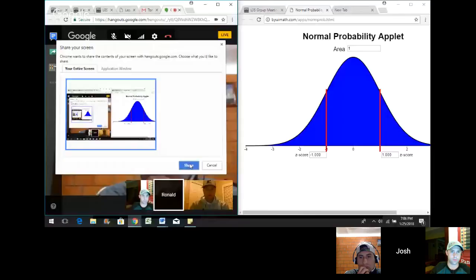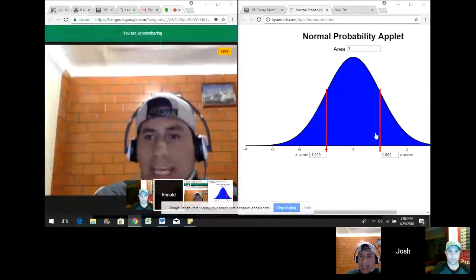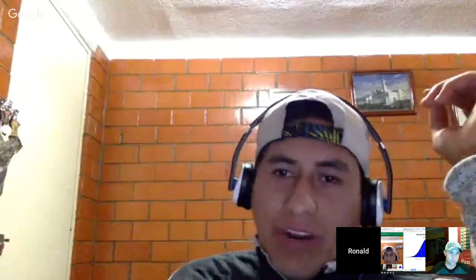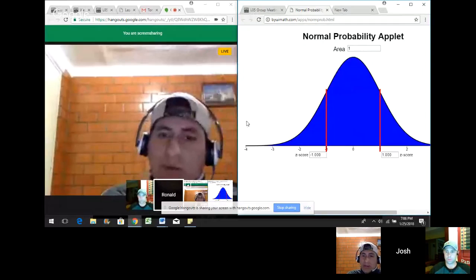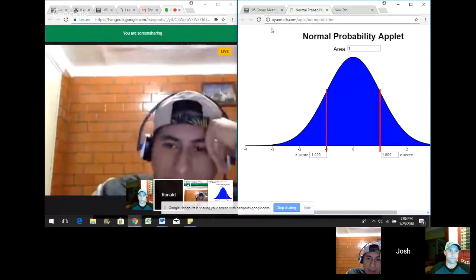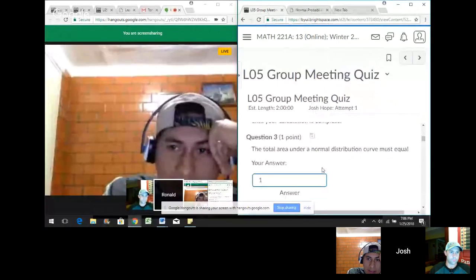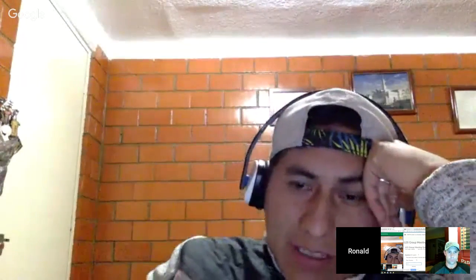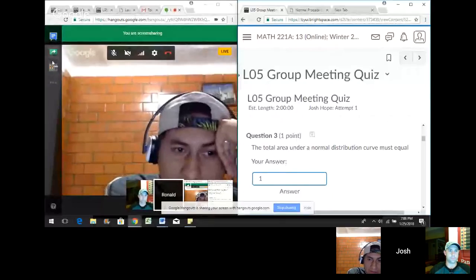You're talking about this right here, right? Exactly. If you see in the upper part, it says 1, right? That is the total area of the distribution curve. Okay, but on question 3, yours looks like that, right? Exactly. Yes, I have that one. Good. Perfect. I agree with that. It equals 1. Okay. Perfect.